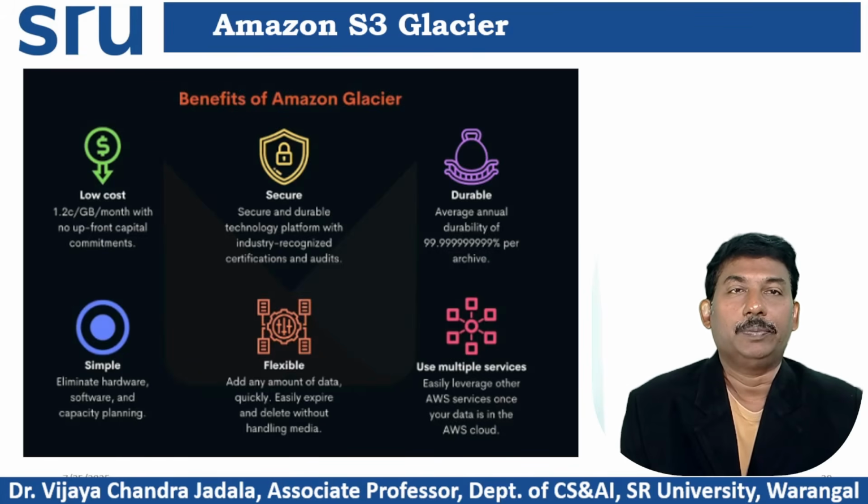Compared to other storages, the average cost of S3 Glacier is 1.2 cents per GB. S3 Glacier has a low monthly storage cost per gigabyte. It is highly competitive for the average storage cost of other storage devices.